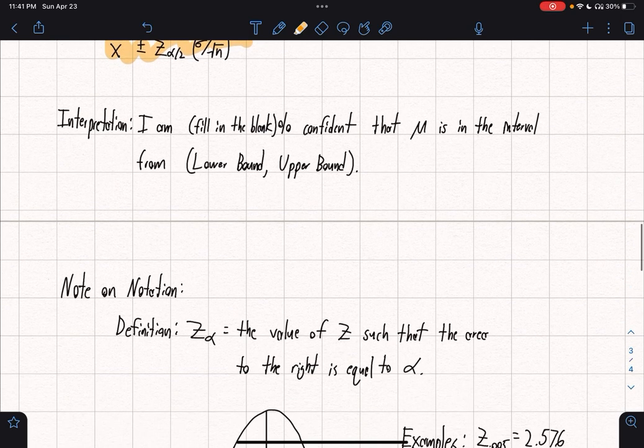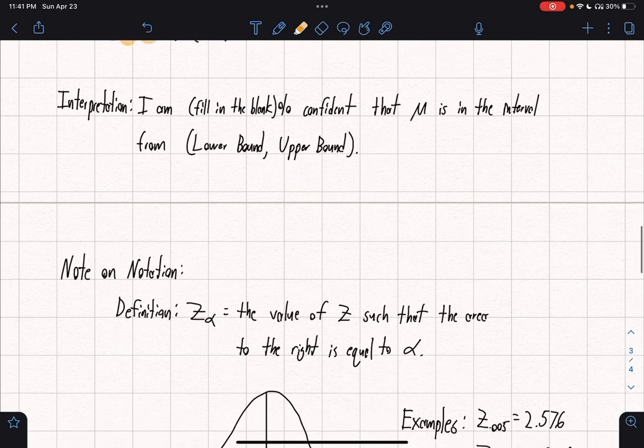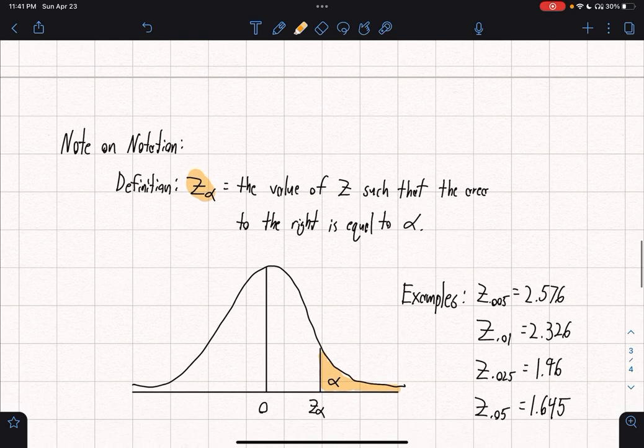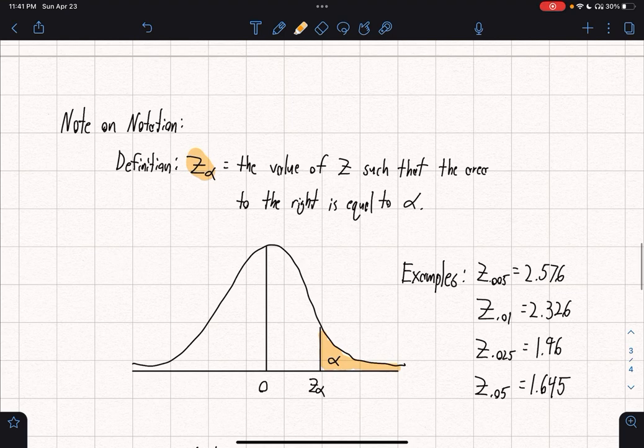So to do that, let's just have a quick note on notation. So let's just define z alpha. So z alpha is just the value of z such that the area to the right is equal to alpha. So let's just look at this plot. So this is our normal curve. It's centered on 0 because it's z.